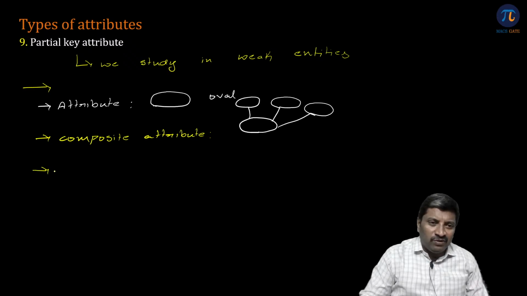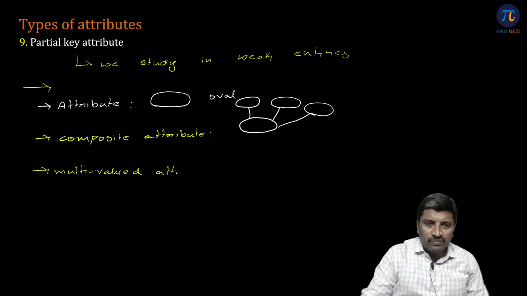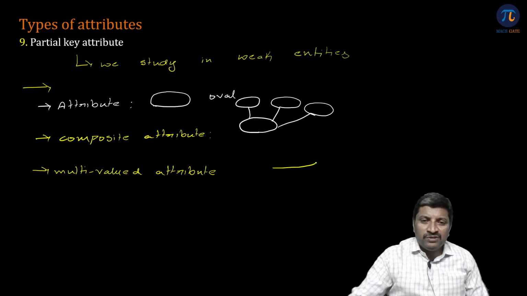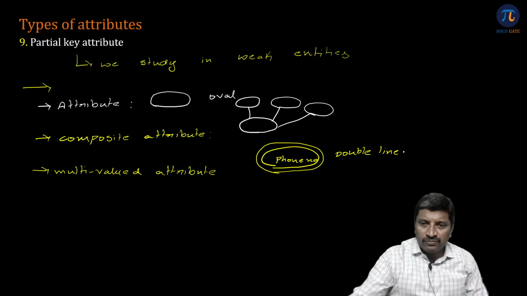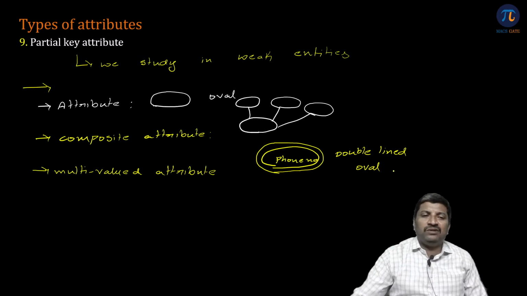Whenever it is a multi-valued attribute, for example phone number or mobile number, instead of writing a single oval, we write a double-line oval.